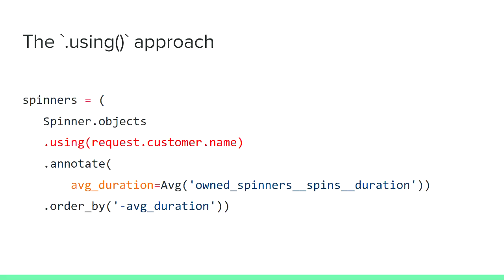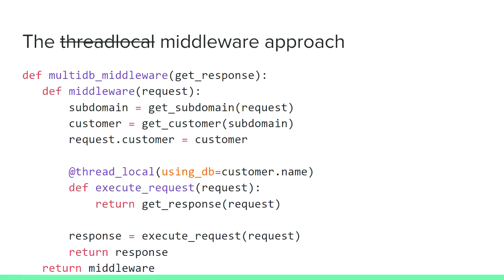But there is a better approach. And I'm pretty sure I'm going to get some bad looks from some of you by showing this, but maybe you can use thread local. And I'm not saying you should use it, I'm just saying you can use it, all right? So it goes pretty much the same as before.